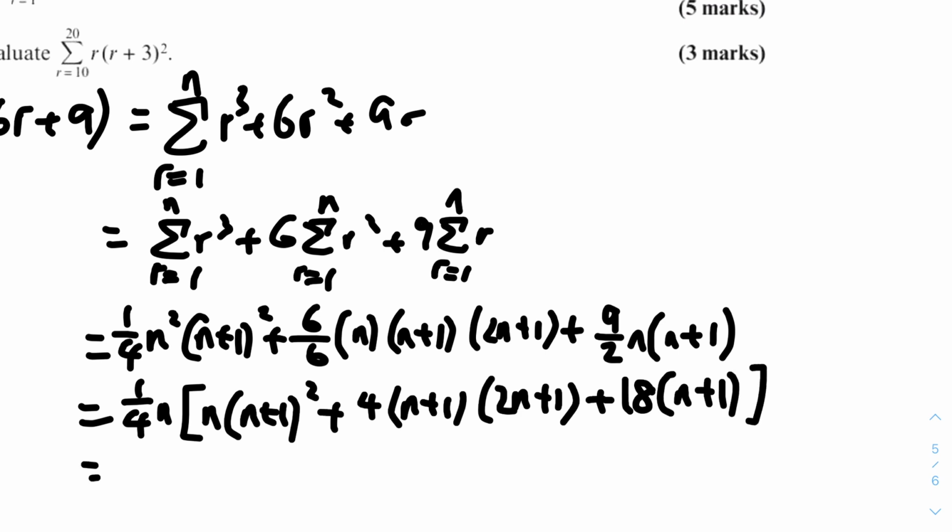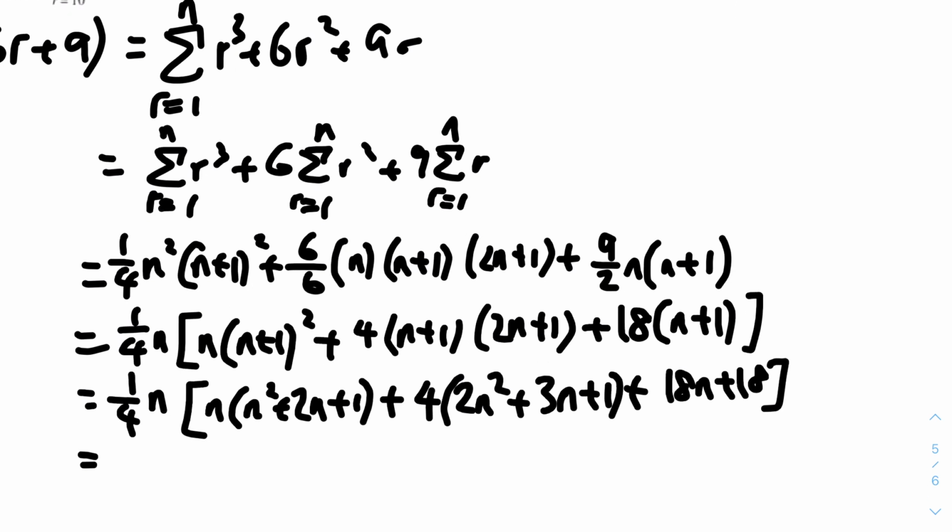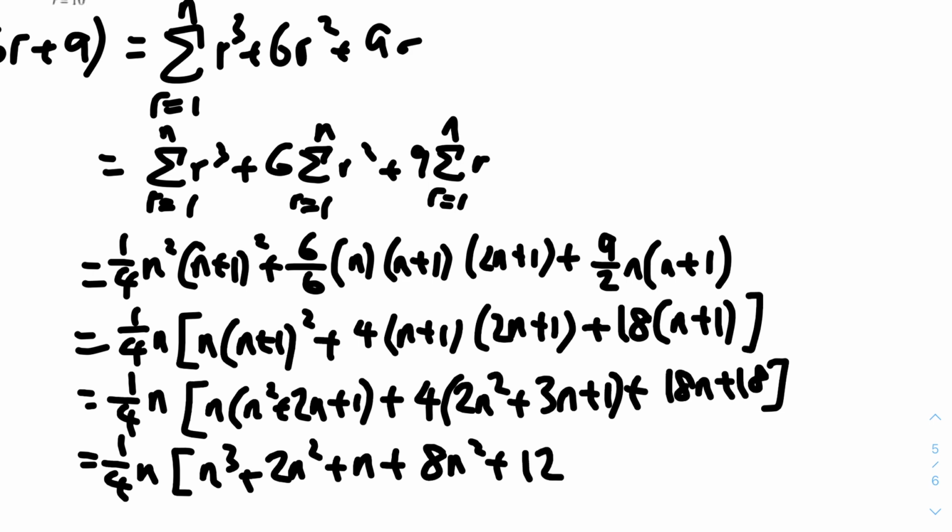And now just factorize, just simplify everything. 1 over 4n times n squared plus 2n plus 1 plus 4 times 2n squared plus 3n plus 1 plus 18n plus 18, and simplify it, it will get us 1 over 4n times n cubed plus 2n squared plus n plus 8n squared plus 12n plus 4 plus 18n plus 18, which is a really long expression.